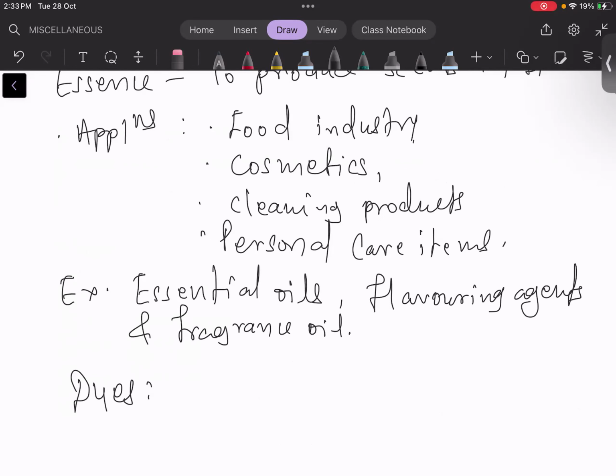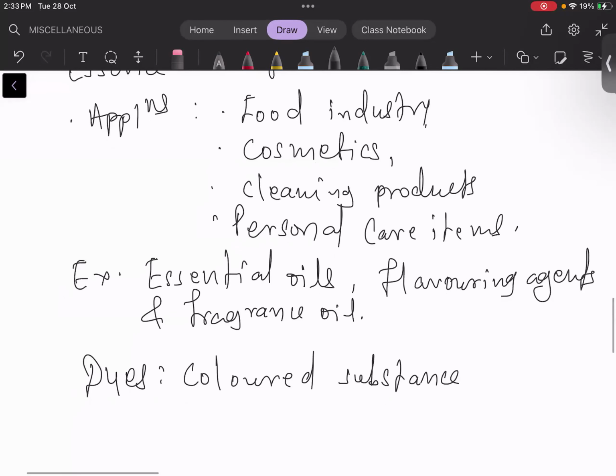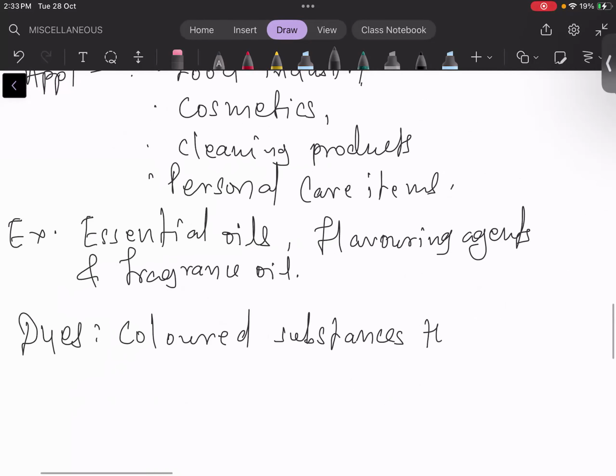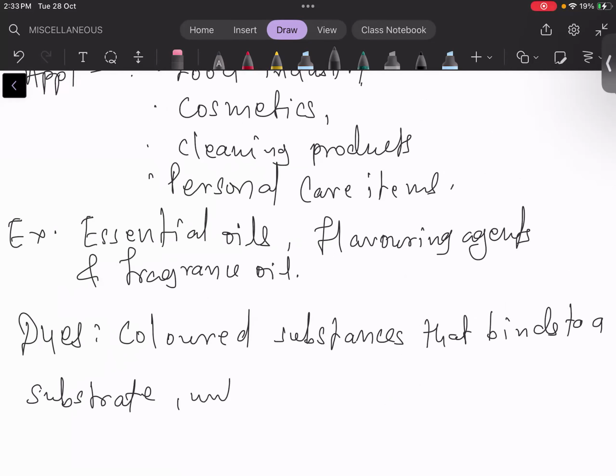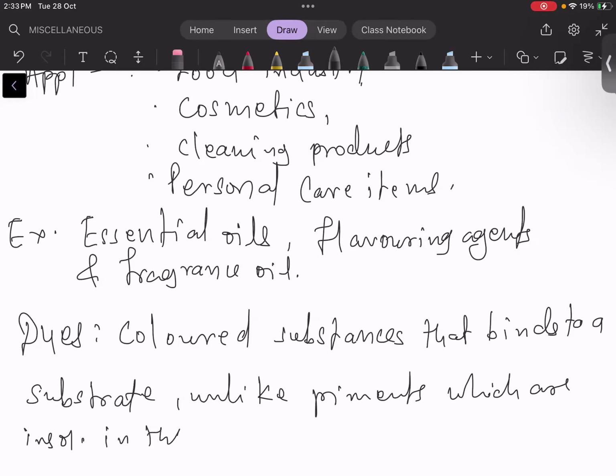So, dyes are colored substances that bind to a substrate, unlike pigments, which are insoluble in water.